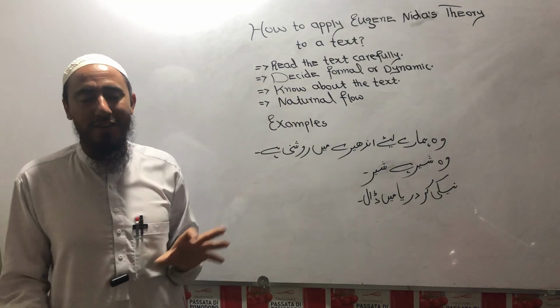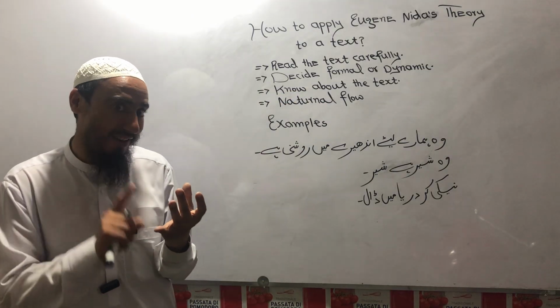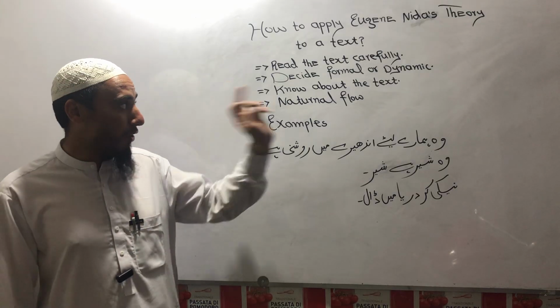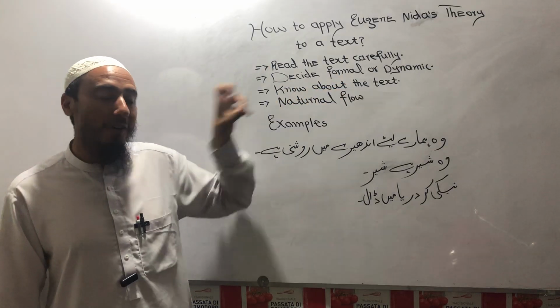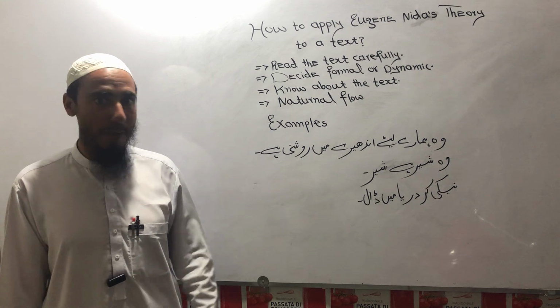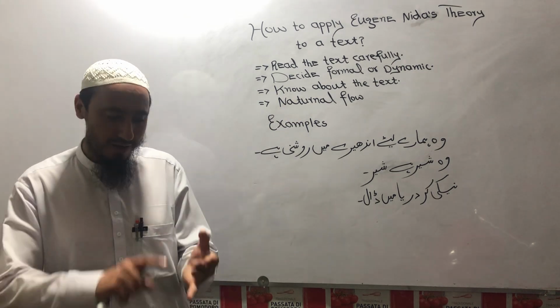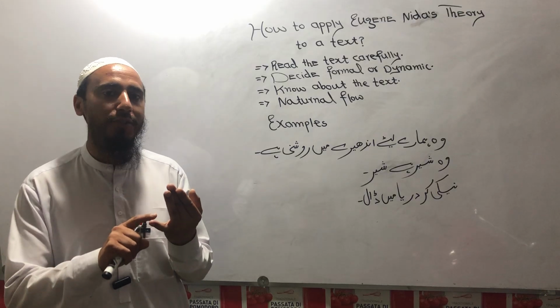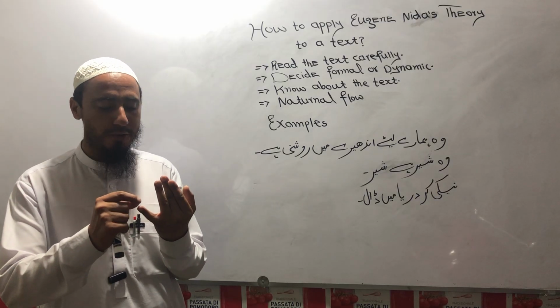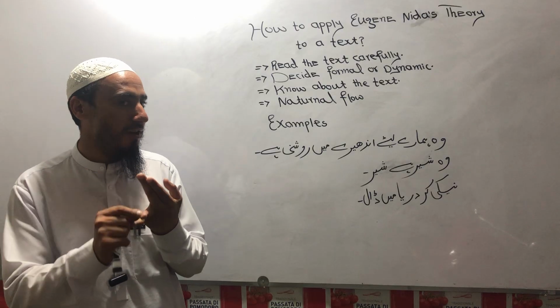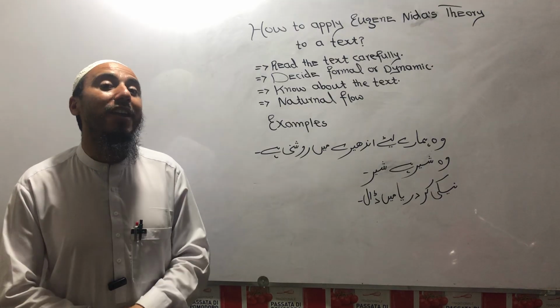You should know about the text. For example, if it is a religious text, then you should try to follow formal equivalence. If it is a legal translation, again follow formal equivalence, because there you have to preserve what? You have to preserve the style, the form, the structure, and even the verbs.